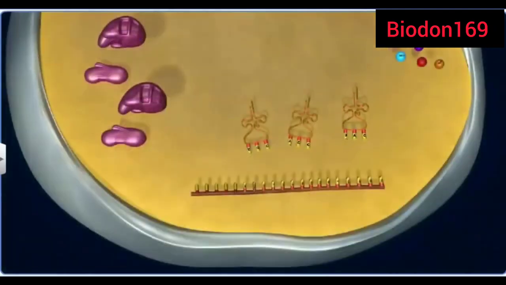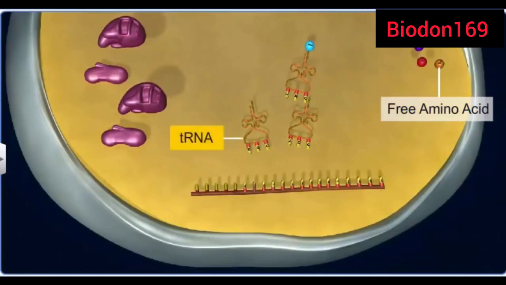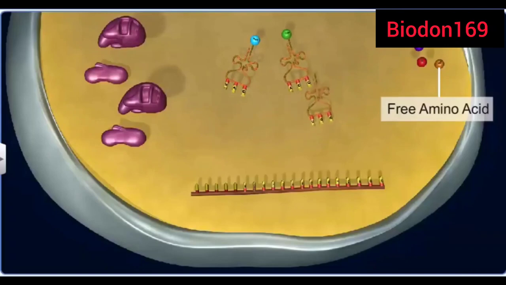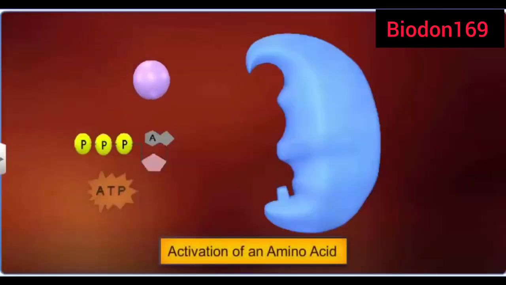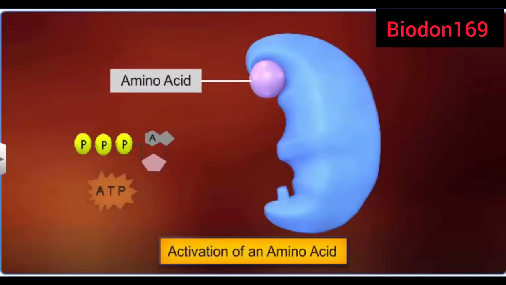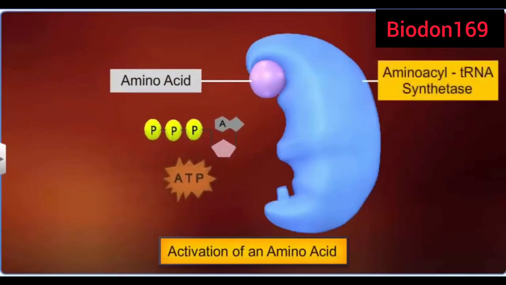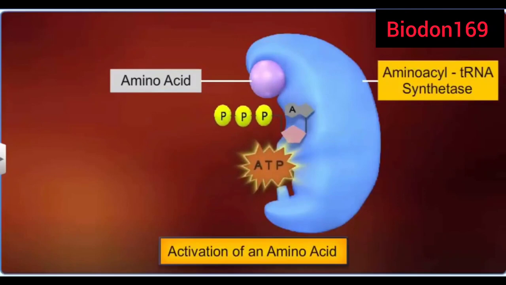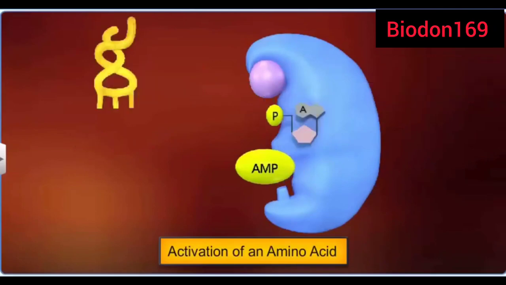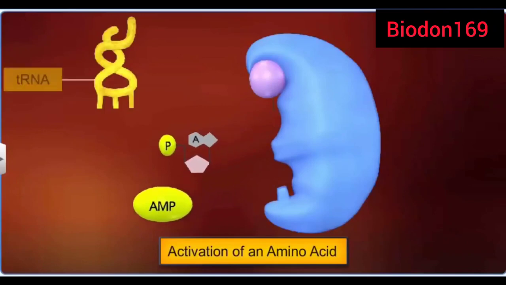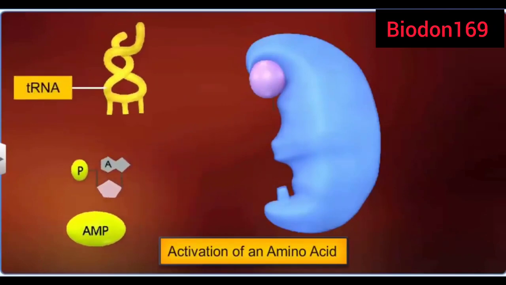The amino acids and tRNAs in cytoplasm become activated by a process called charging or aminoacylation. During this process, amino acid binds with ATP in the presence of aminoacyl tRNA synthetase and is activated into aminoacyl AMP enzyme complex. This complex reacts with tRNA and transfers the amino acid to it.